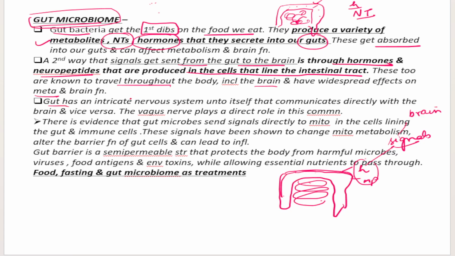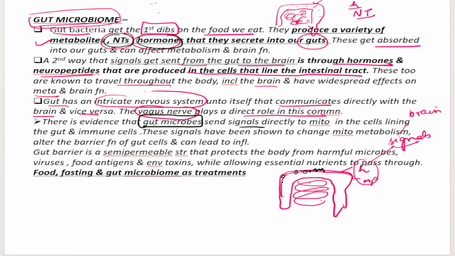Then the gut also has its own nervous system that communicates directly with the brain, and vice versa. The vagus nerve plays a direct role in this communication. Now, there is also evidence that the gut microbes, which we have already seen producing neurotransmitters, hormones, etc., also send signals directly to the mitochondria in the cells that are lining the gut.